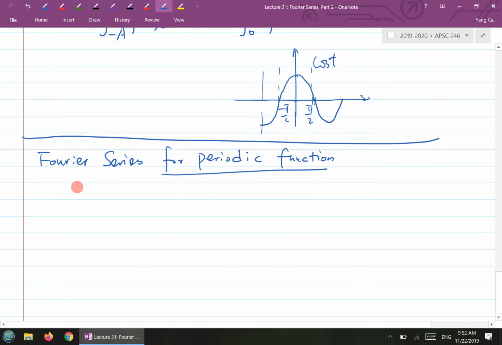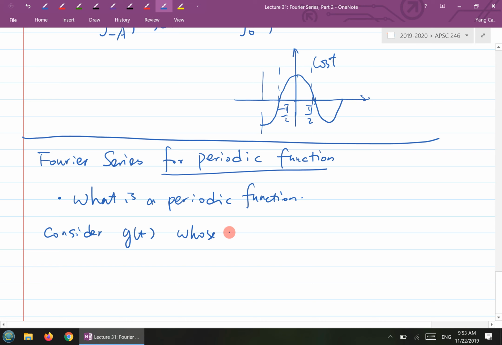So the first question is, what is a periodic function? Let's consider g of t a periodic function, if its period is t naught. Of course it's not zero.